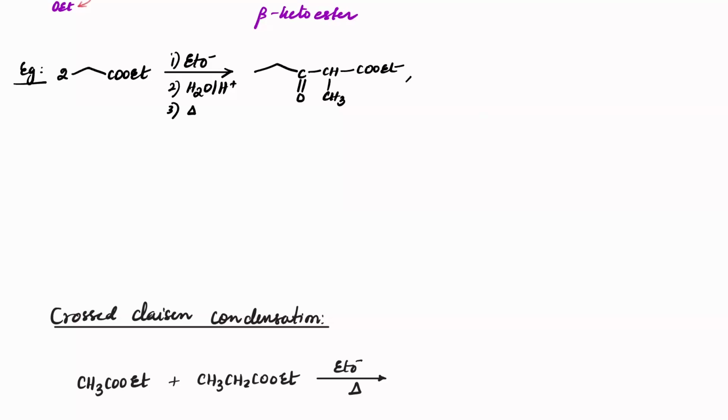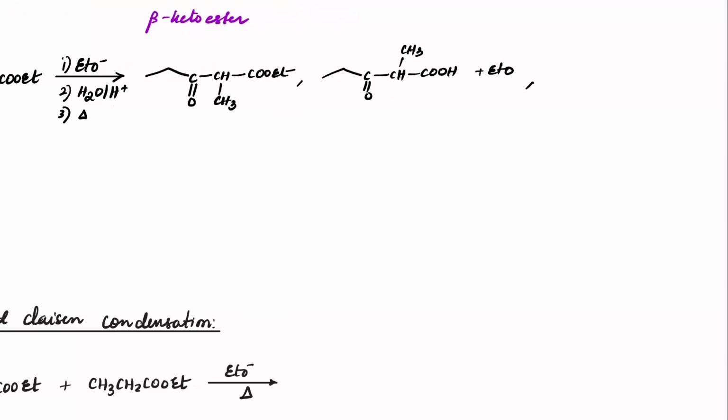But now, on hydrolysis, this ester will get hydrolyzed. So we will get C double bond O, CH, CH3, and that will become COOH plus EtOH. Correct? And lastly, you know that this is a beta keto acid now.